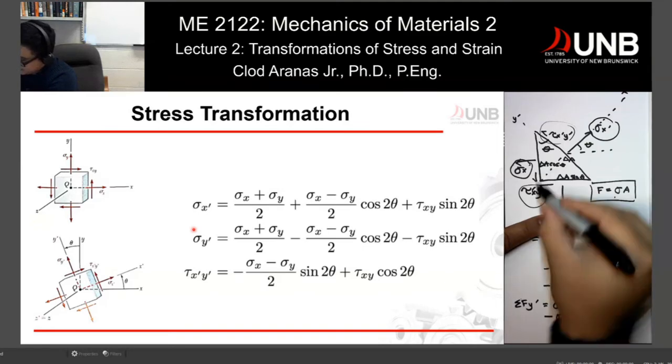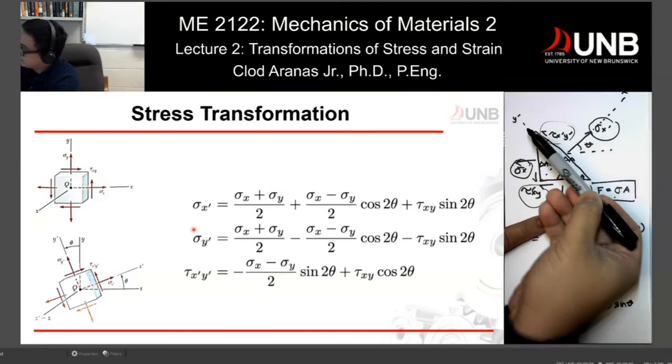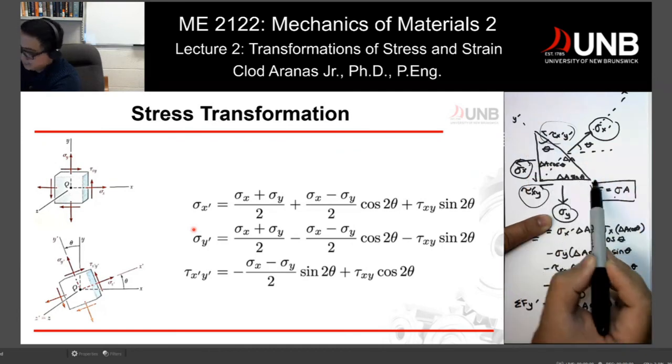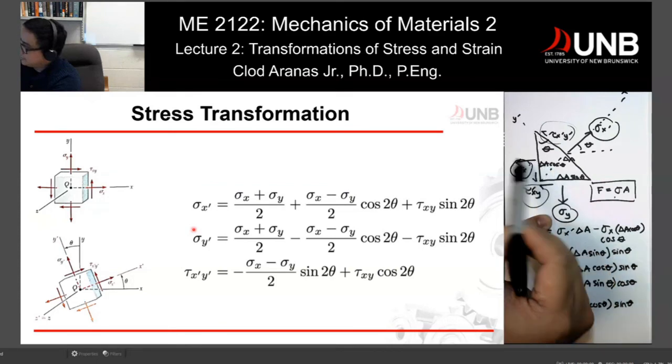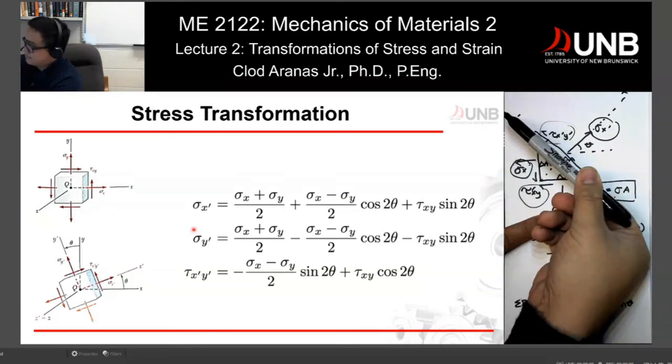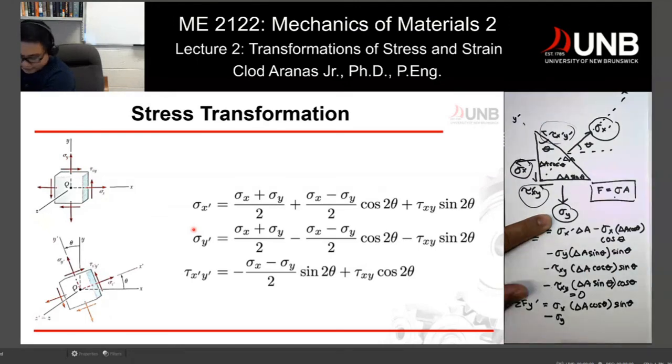Okay, so take note that this would be the positive direction, and this would be the negative direction. So your x is pointed towards the positive side for this axis here. Now, if we write it down, that would be delta A sine theta cosine theta.